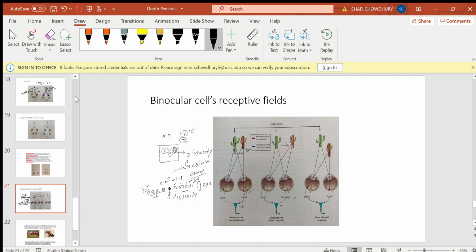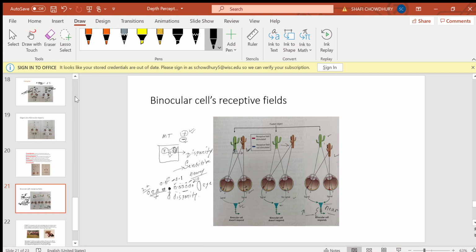However, if you move it nearer than the fixation point, since this neuron is a near neuron, minus, it likes a near object. So now this neuron would respond. You see the response here. Action potential or firing has increased. So that means this neuron likes near, not only near, but how near?